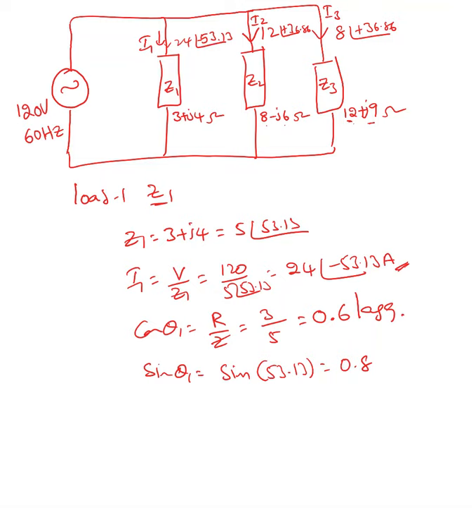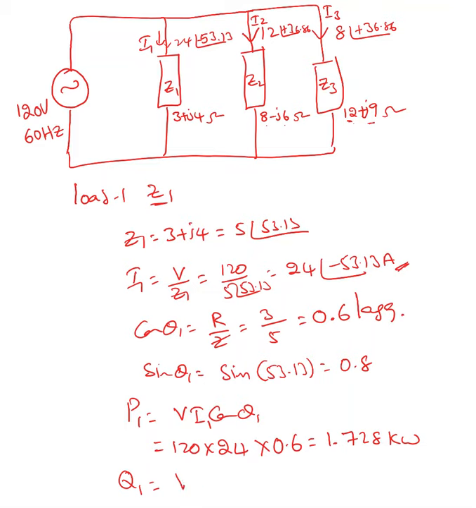Okay, now P1 equal to V I1 cos theta 1. V is same, so 120 times, just take the magnitude, don't worry about the phase angle. That phase angle is already included in cos theta, times 0.6, that is P1, which is 1.728 kilowatt.